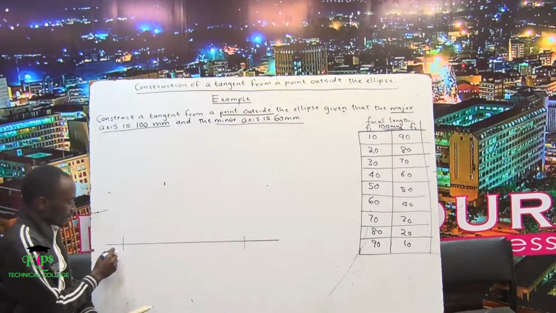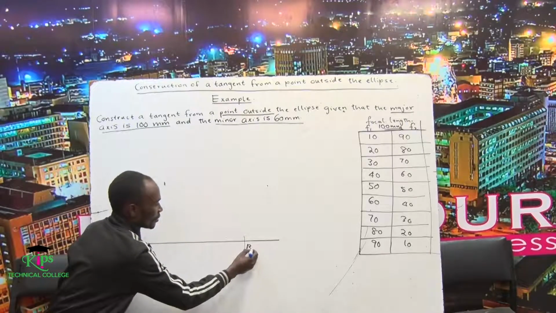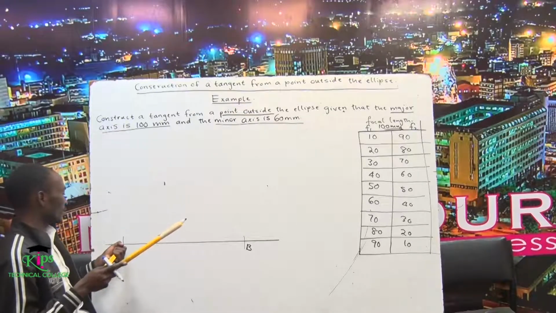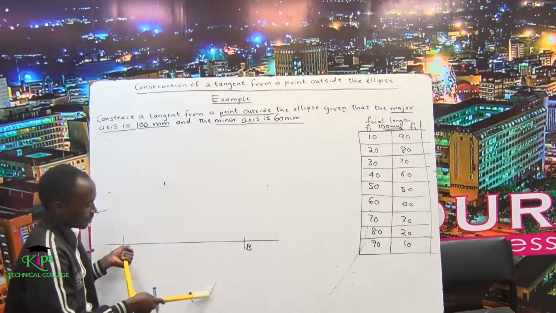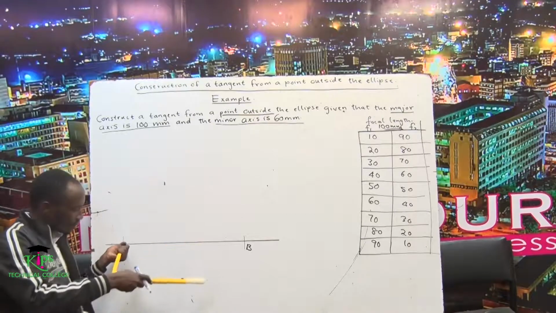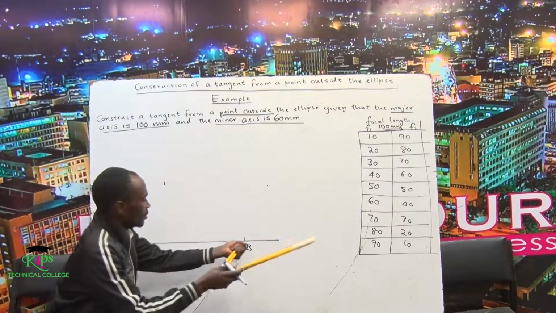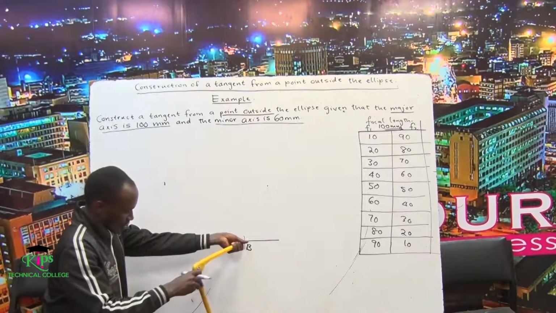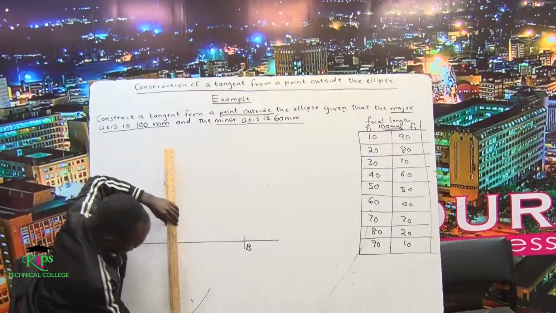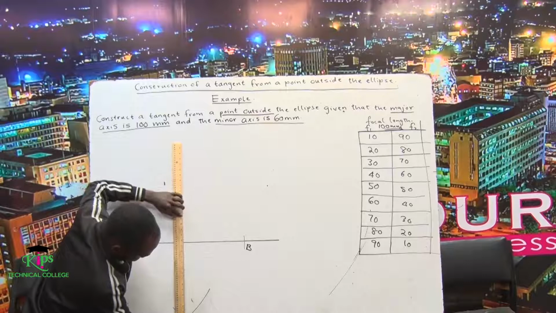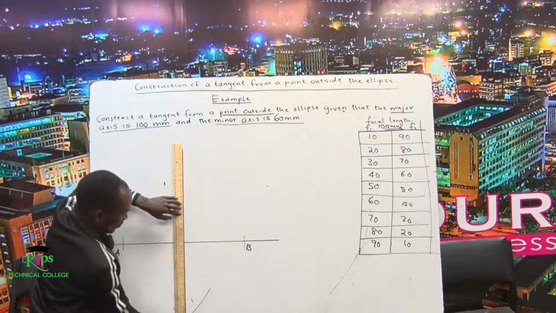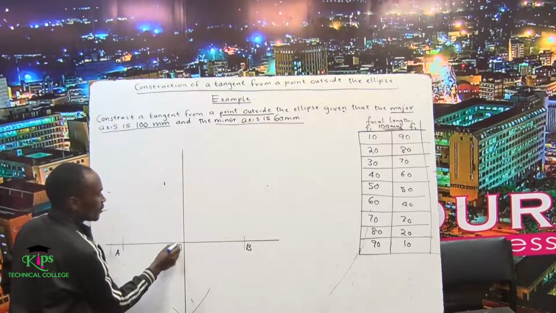This is A, this is B. Let's divide this. This is the center O.